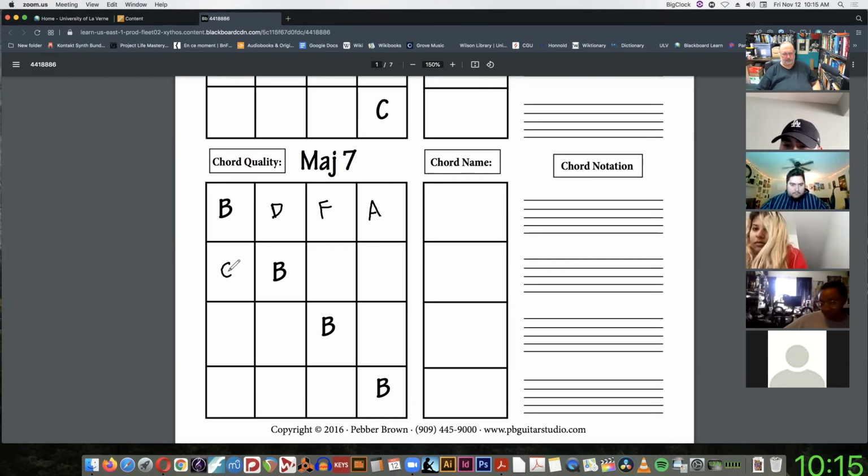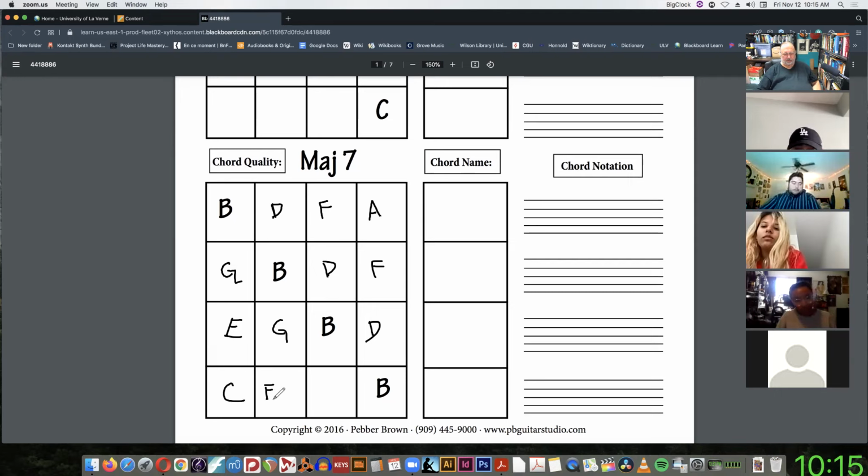G B D F. Third line. E G B D. And then C E G. Okay, so that's how you do this assignment.